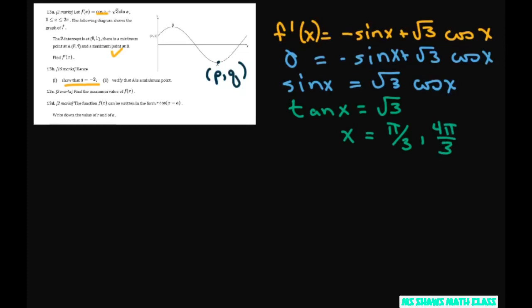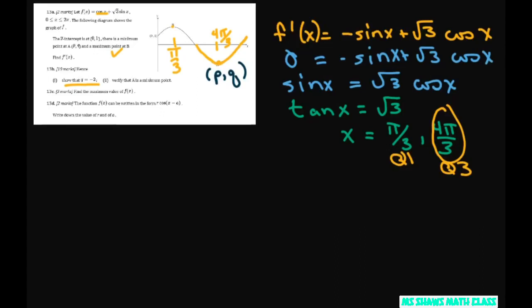That means we're going to use 4 pi divided by 3 because this is down here. This part will be pi divided by 3, and this one is 4 pi divided by 3 because it's in a different quadrant. This is quadrant 1, and this is quadrant 3.